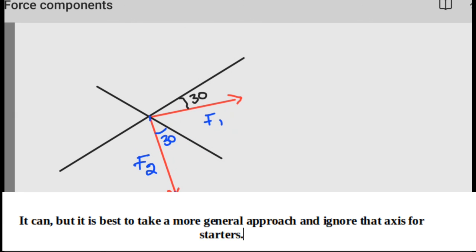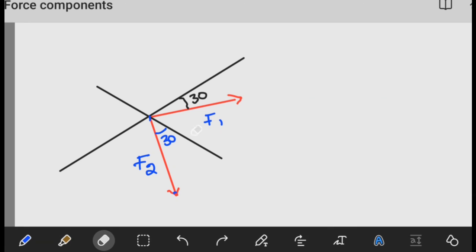What we first want to determine is the angle that we expect to see here. Not necessarily the angle between F1 and F2, no. But in this approach, we're going to determine the angle from F1 to where the resultant is. So we're going to measure an angle starting from where F1 is until we meet our resultant force.